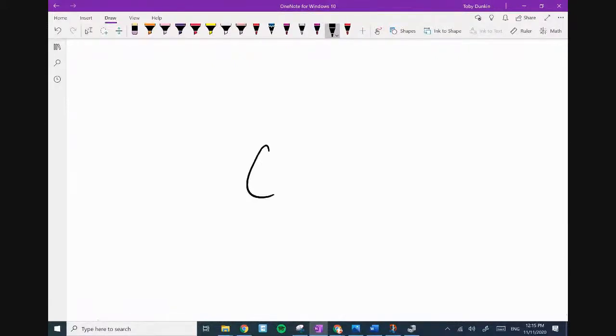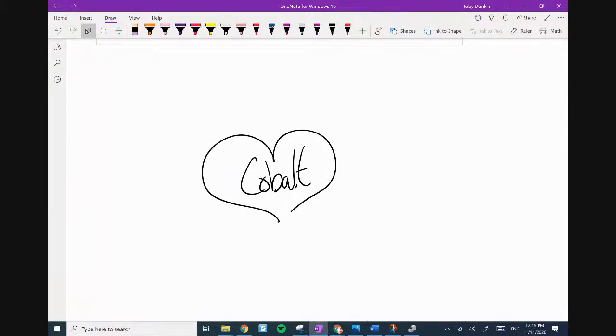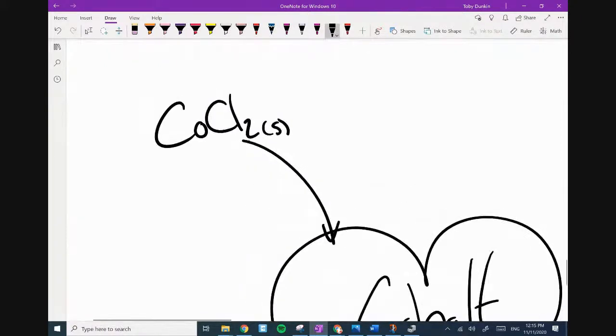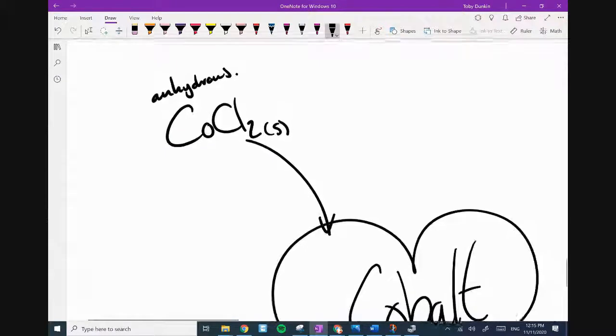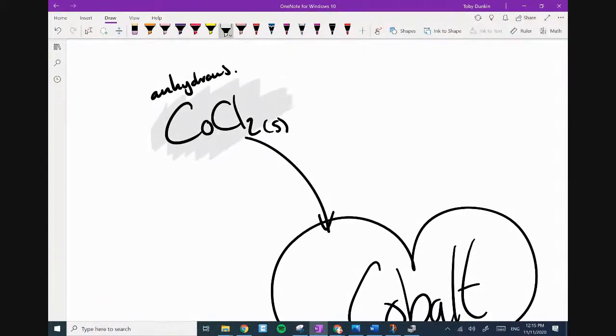So cobalt. First of all, we're going to start off with cobalt dichloride solid. If this is anhydrous, it's nice to remind ourselves: if we have an anhydrous transition metal compound, then it is going to be white. It's just a white solid.